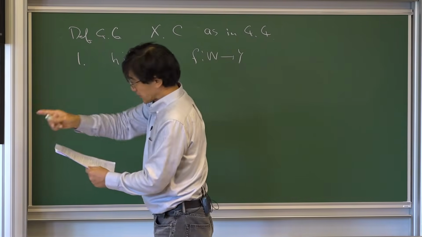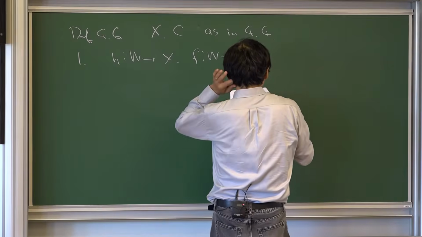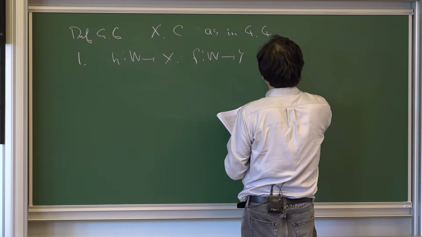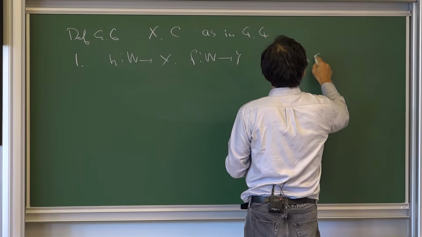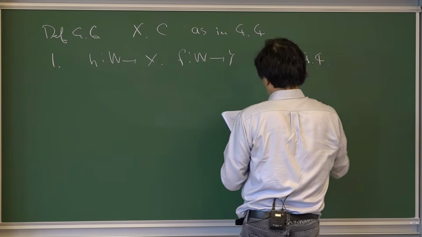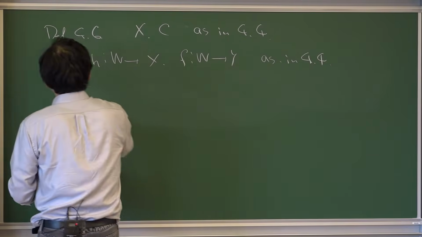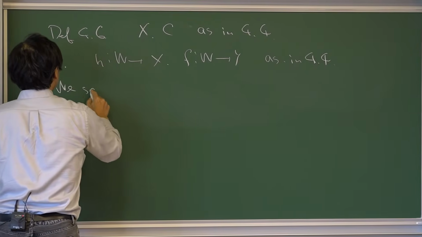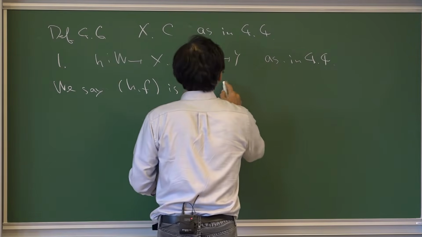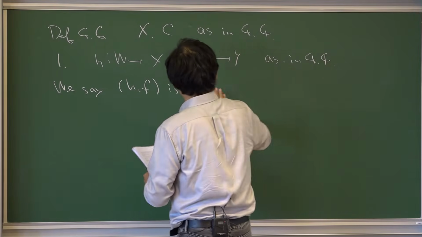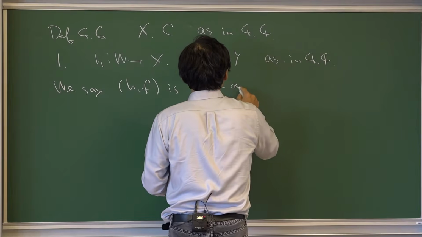So I introduce that terminology. So this is also as in 4.4. Then we say this pair is C acyclic over S.